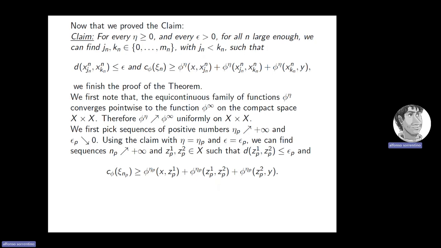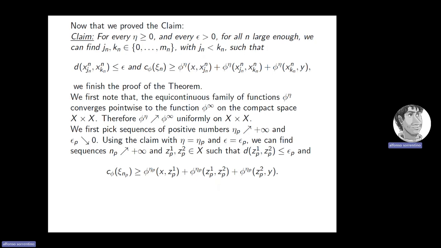So I have a long chain, so I have 2 points at distance epsilon p, and such that the cost of this chain is larger than phi eta p of x z1p, plus phi eta p of z1p z2p, plus phi eta p of z2p y. I just applied the claim to eta equal eta p and epsilon equal epsilon p.